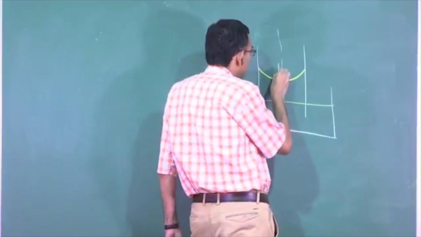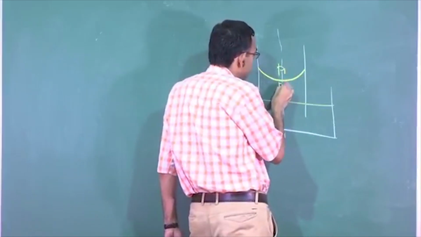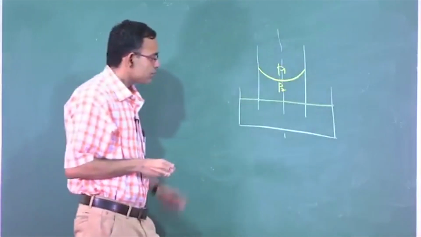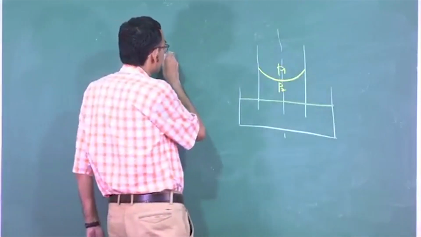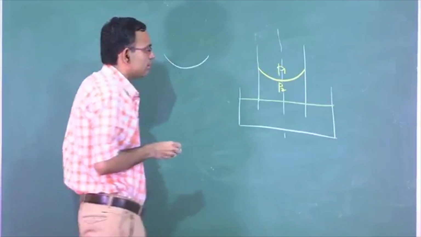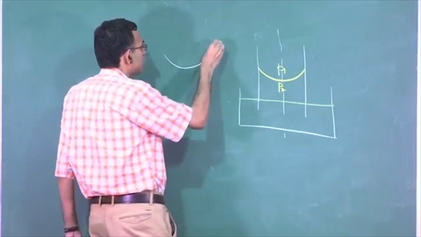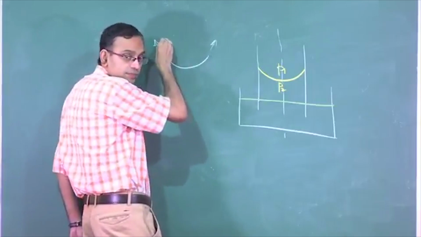So, if on this side you have pressure P1 and on this side you have pressure P2, from the interfacial forces, the surface tension will be acting in this way.